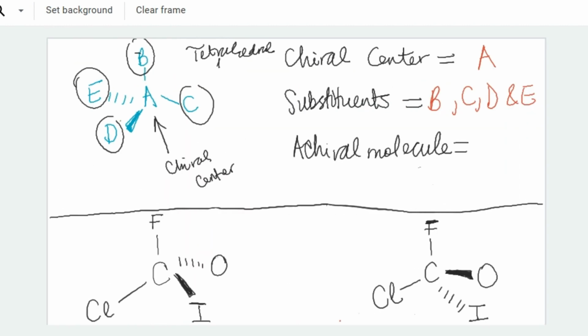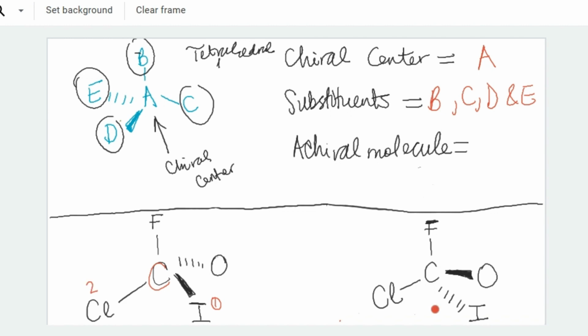So let's come here now. You have a situation in this particular case where you have, first of all, C, carbon, and then it is attached to fluorine, oxygen, iodine, and chlorine. Now, iodine, if you look at your periodic table, has the largest atomic number, so it has the highest priority.